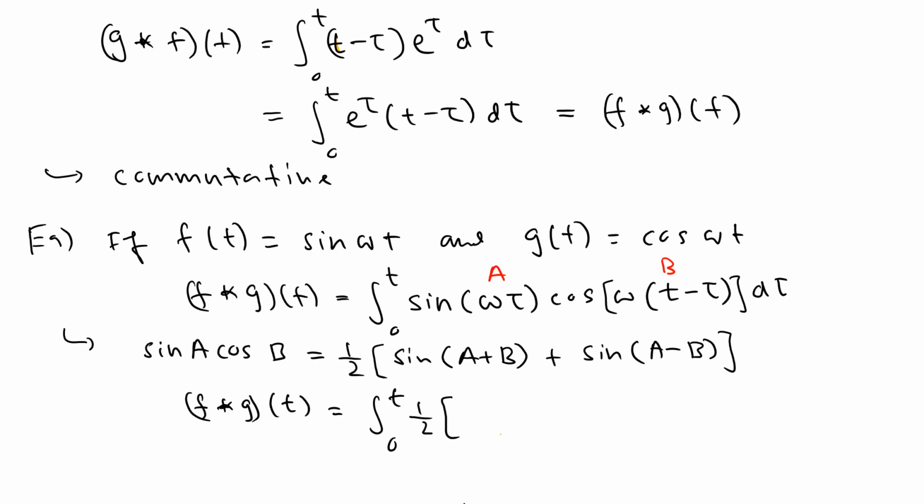When you add the two, you can see the omega t gets cancelled, so you get sine omega tau plus, and then we have sine. When you subtract, the first one gets doubled, so 2 omega tau minus omega t, d tau. So that's what we get.